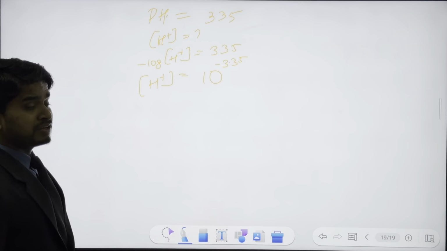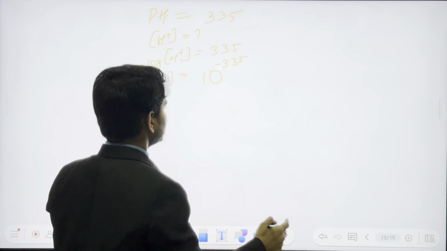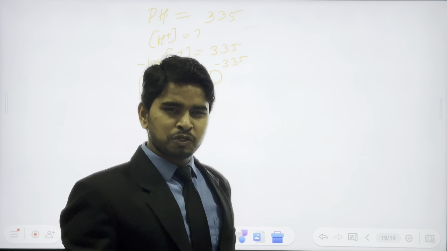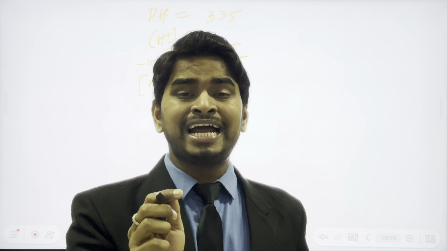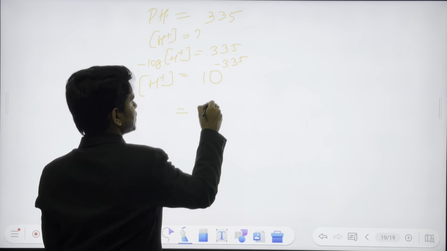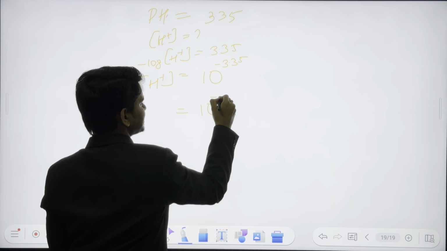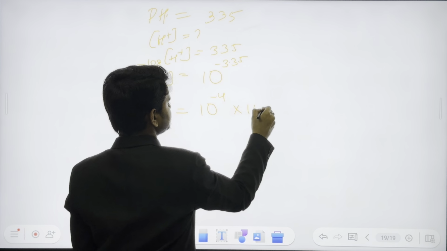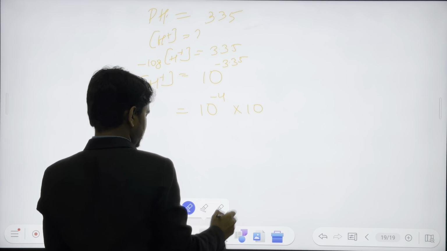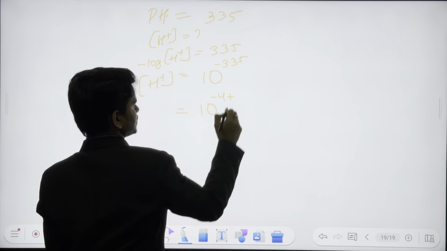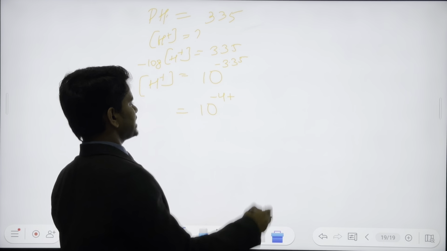And minus 3.35 can be written as 10 to the power minus 3 into 10 to the power minus 0.35. Should we write that? No, we are not going to write in that way. Rather, we will write 10 to the power, a number which is bigger than that in magnitude, into 10 to the power minus 4 plus, what do you think? 0.65.